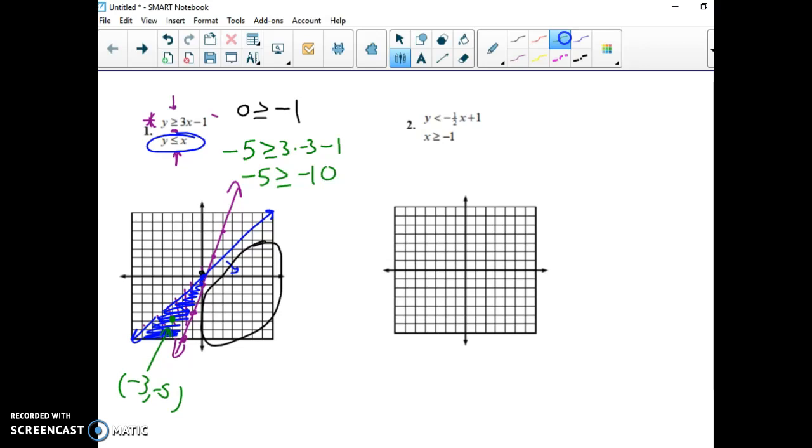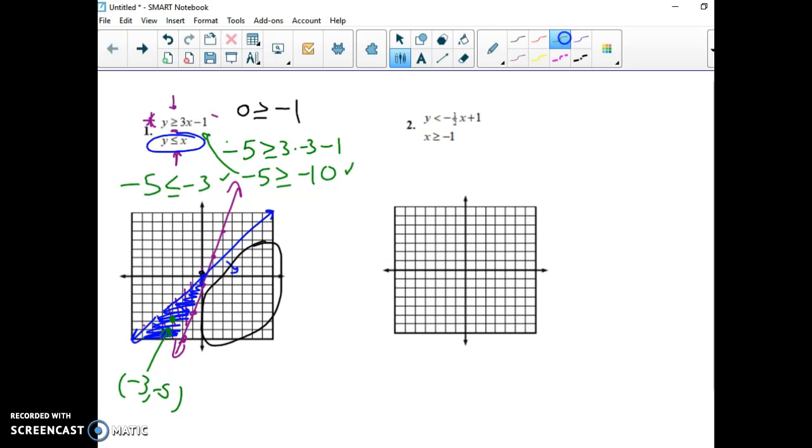So it would satisfy the first inequality. And then, if you have y is less than or equal to x, you have negative 5 is less than or equal to negative 3. Well, that's also true. So this has satisfied both of these inequalities.